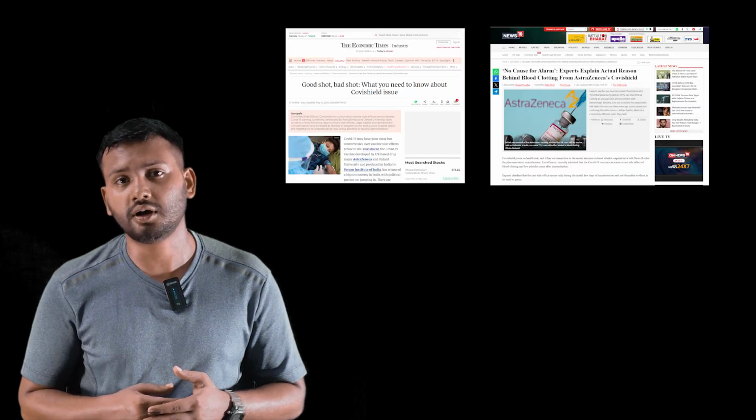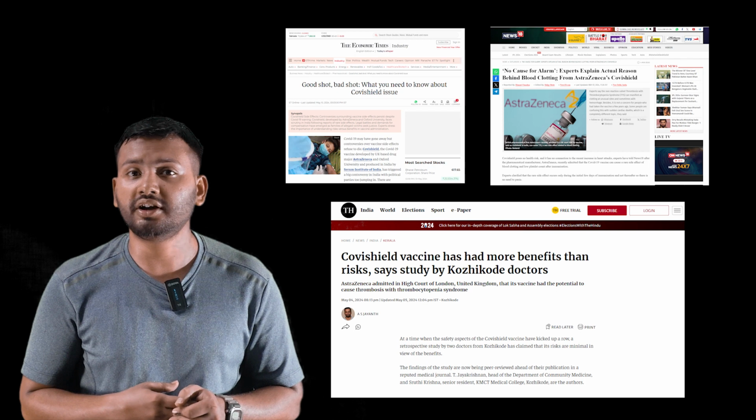In the context of thrombosis with thrombocytopenia syndrome associated with the Covishield vaccine, it has also been the most controversial COVID-19 vaccine due to diverse reports of thrombosis. Thrombotic events after vaccination were reported in many countries, including Germany, Austria, Norway, and the United Kingdom.